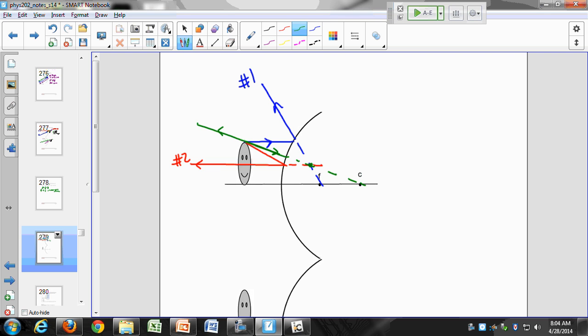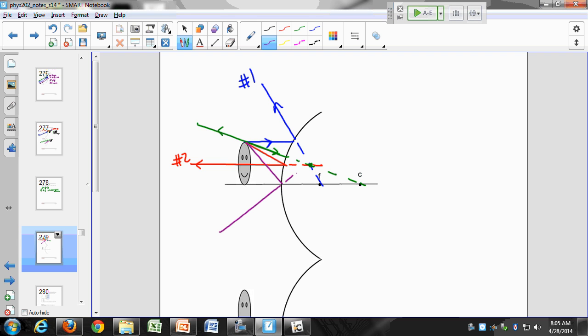That's our third ray. And then our fourth ray is just sort of to verify, we already know where our image is, but it's going to go to the center of the mirror, like that, and then reflect back on itself. Or reflect following the law of reflection.